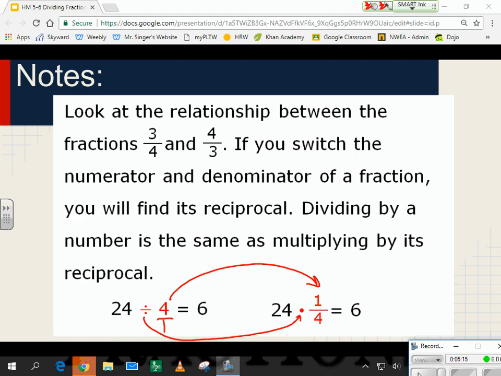That's why it says by its reciprocal. So you're taking the first number and you're doing nothing to it. You're just flipping the second number and then you're multiplying. 24 times 1/4 is also 6. It's basically our fact families of fractions. So if you think you need to write this down, go ahead. Otherwise, we're just going to move on from here.